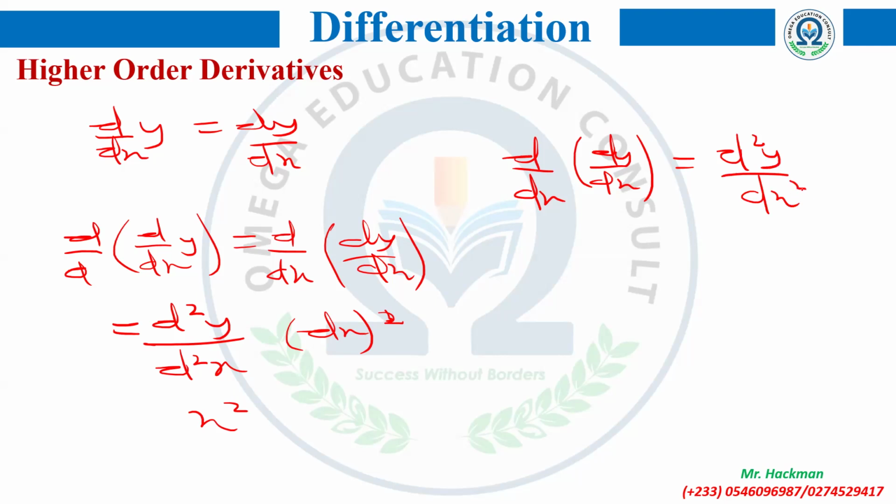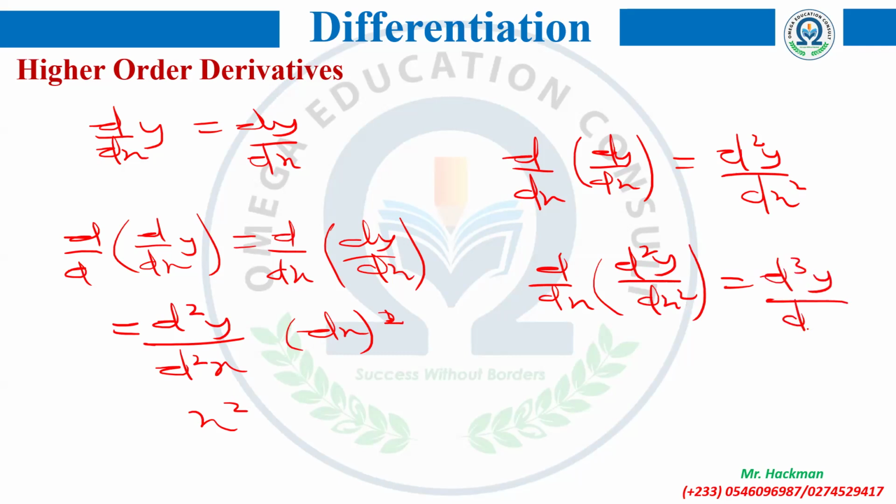So the power of the x here will always tell you the number of times you are differentiating your function with respect to the variable. In the same way, if I have d dx of my second derivative function, d squared y over dx squared, this will give me d cubed y over dx cubed.